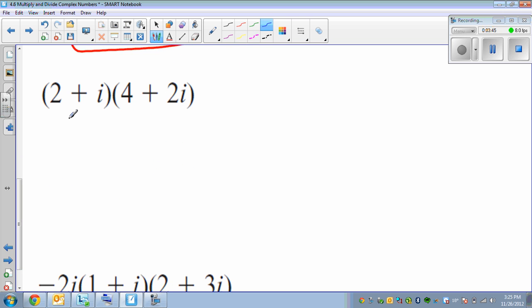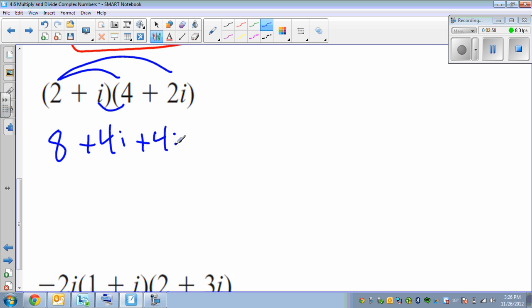Next one, this one has two things, so we want to multiply both of them, so we've got to do FOIL: first, outer, inner, and last.